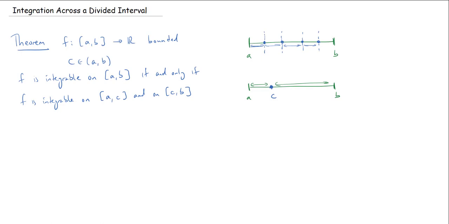And of course, this is really enough for you to break it up over the picture above. Because if I can break it up at one point, then I can break it up at 2. Let's say I added another discontinuity at some D here, and I want to break it up. Well, I can first break it up from A to C and then from C to B. And then for this C to B, again, there's just now one point in the middle.